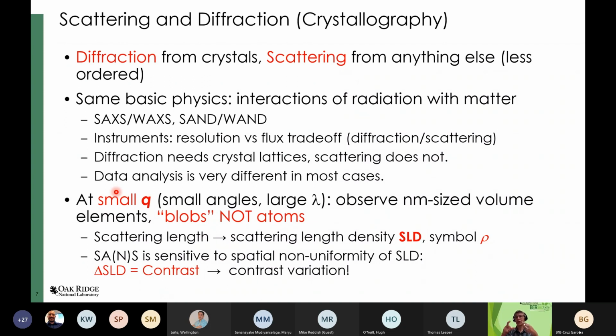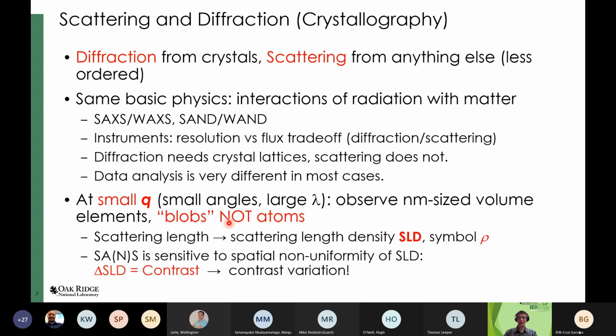And then we can locally describe, rather than talking about atoms, localized small volume elements that have an average scattering length density of the atoms in that volume element. And then you see the interference between these volume elements. So you're kind of going an order up in how detailed you look into the system.